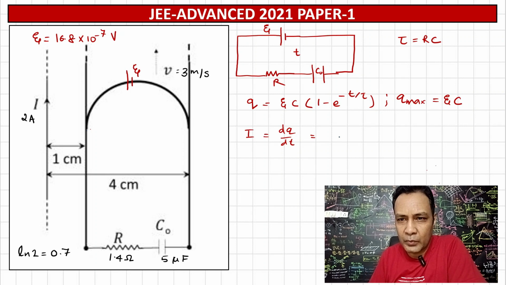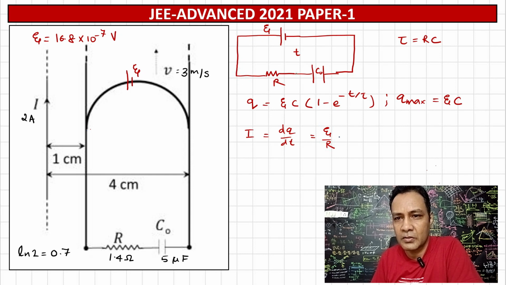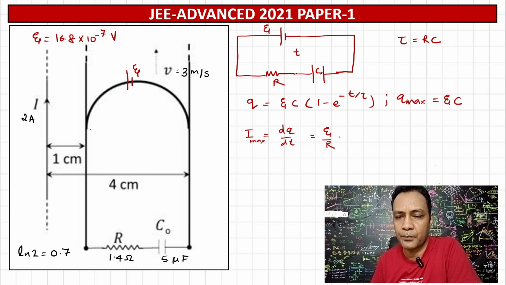So at the initial moment, because when it gets started, charge flow will be the fastest, so you just differentiate it, and that will be simply E by R, because all the PD will be taken by this, and no PD on the capacitor initially, and you will get this by differentiating also. So this is actually Q max, not at general time. So I max is E by R and Q max is EC.